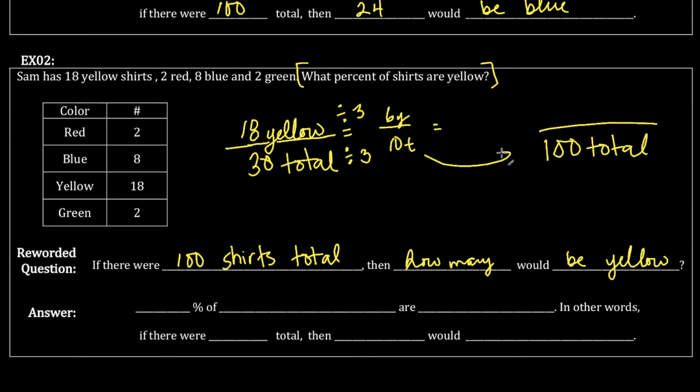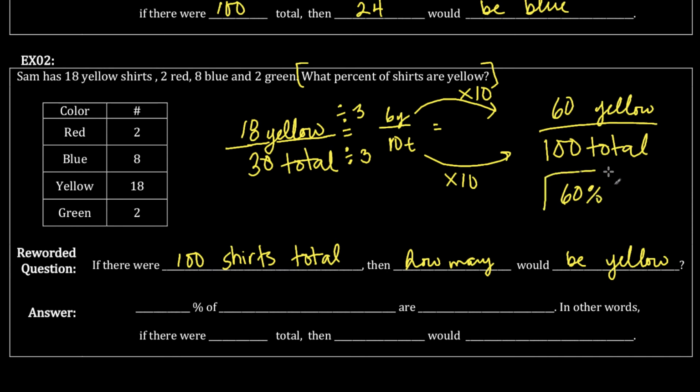And that'll be easy. That's just times 10, and times 10. 10 times 10 is 100, and 6 times 10 is 60 that would be yellow. So my answer is 60%. 60 out of 100.